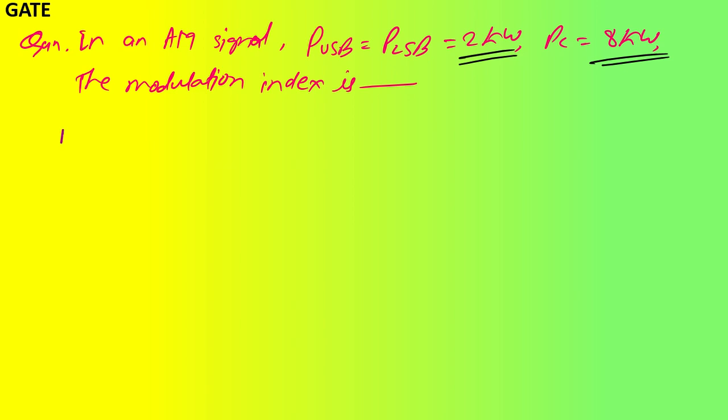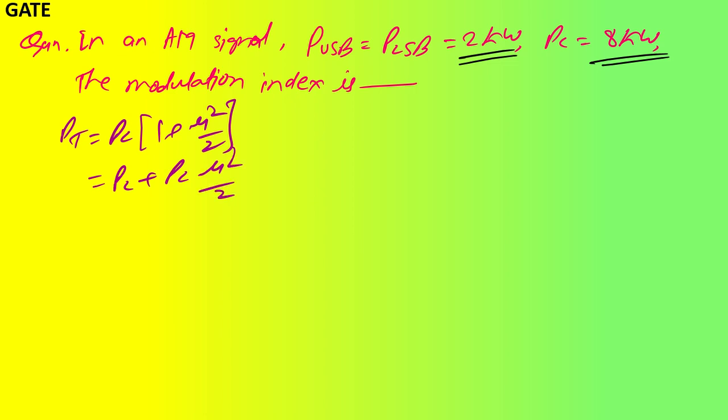So what will you do? You guys already know that total power was PC into 1 plus mu square by 2, which is nothing but PC plus PC into mu square by 2. So this was actually your P sideband. So P USB is equal to P LSB, that is half is distributed in lower sideband as well as upper sideband. So PSB by 2 will be USB or LSB.